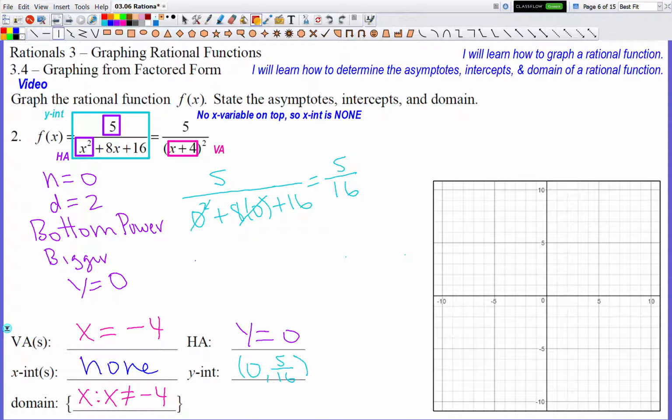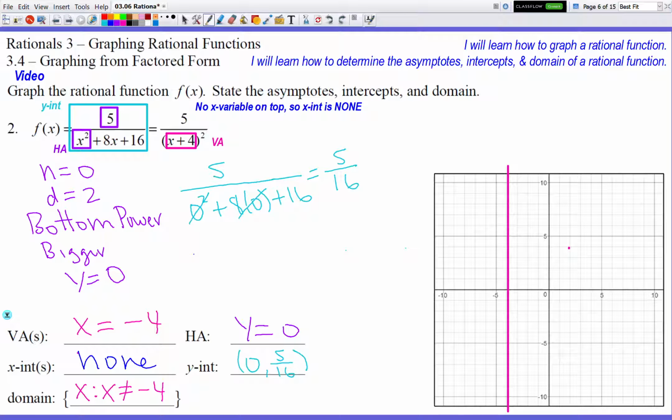So let's make my vertical line, x equals negative 4. Okay, so let's see if I can put this at the right spot. Yeah, that's kind of close. That's actually pretty close. Okay, and then let's label this line. Actually, let's label it first. I'll dash it later. So VA, x equals negative 4. Okay, now let's dash it.